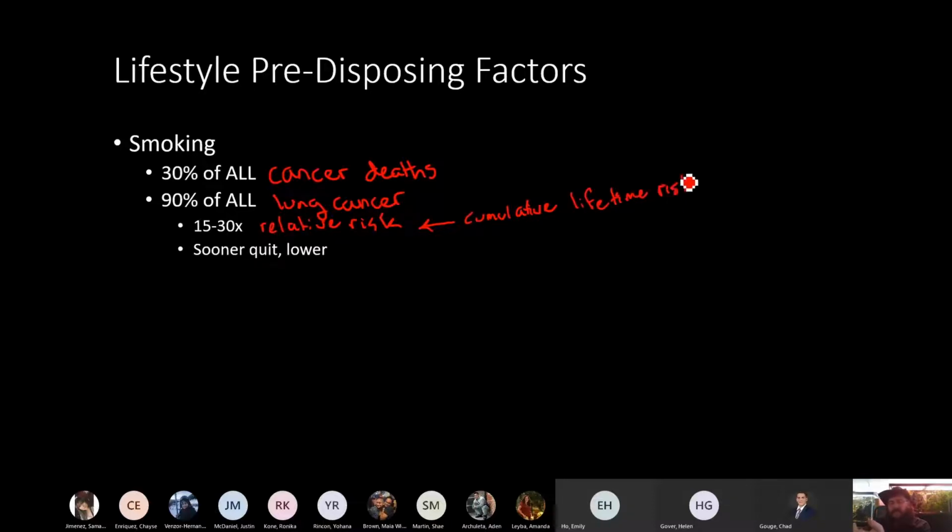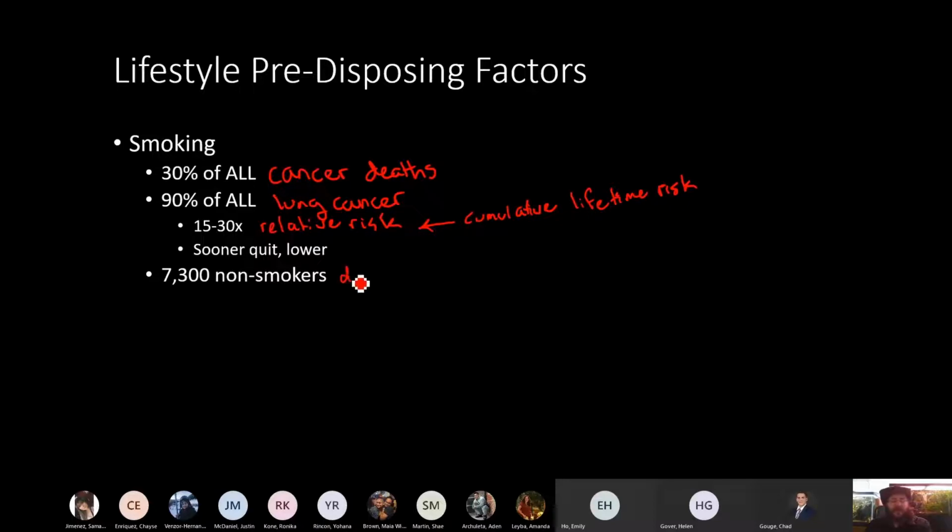So if you spend less of your cumulative lifetime smoking, your increased risk from smoking is lower. I know, rocket surgery here, but sometimes it's worth saying. The sooner you quit, the lower that risk is. You can manage the risk. If you've been smoking, it's not like you're guaranteed to get cancer. You can take steps that will head that off.